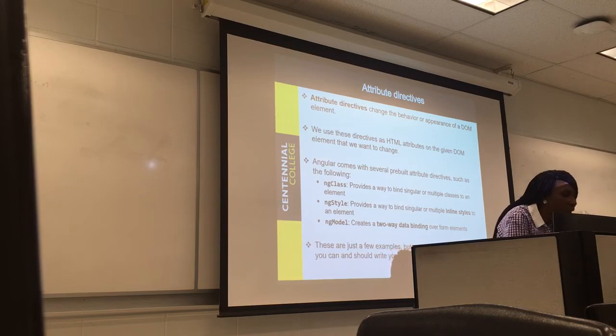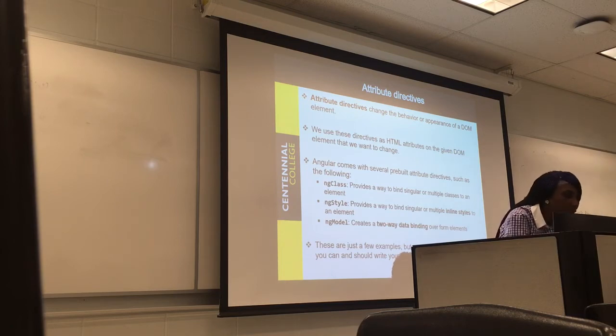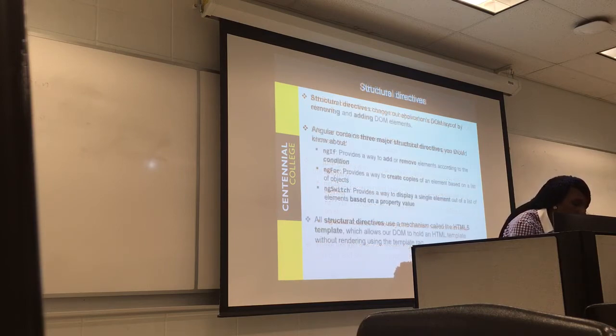We also have the ng model, which provides a two-way data binding over our form elements. We'll also be creating forms. Remember when we did the Express.js, when we used the EJS, we created forms, your contact form and so on, right? So this is the ng model that will create a two-way data binding over all the form elements that we are going to be creating.